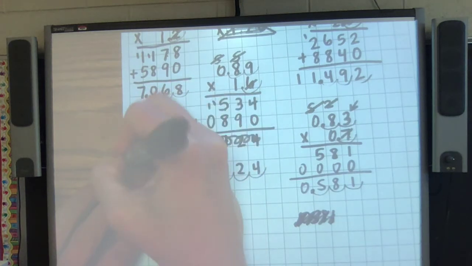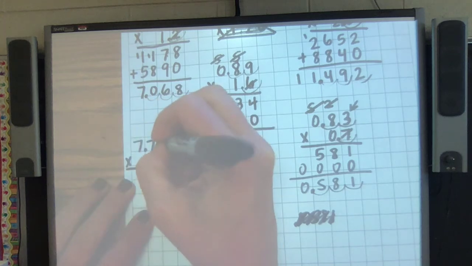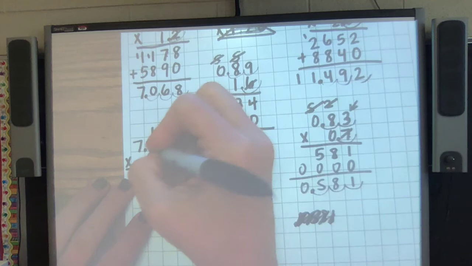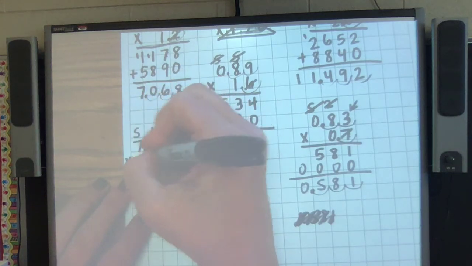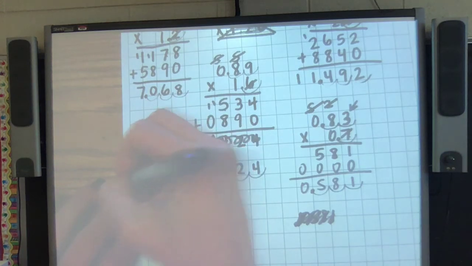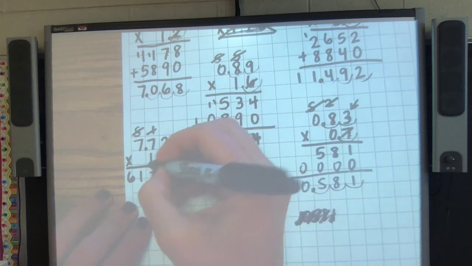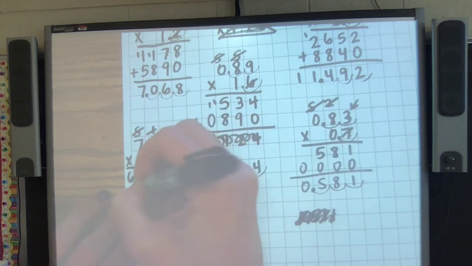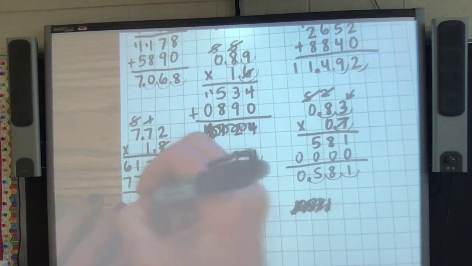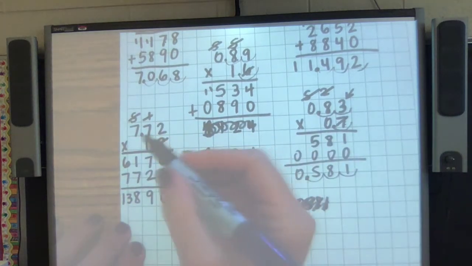7.72 times 1 8/10. 8 times 2 is 16. 8 times 7, 56, 57, 58, 59, 60, 61. Done with the 8. I love multiplying by 1. We've moved down. 1 times 2 is 2. 1 times 7 is 7. 1 times 7 is 7. 6, 9, 8. 13.